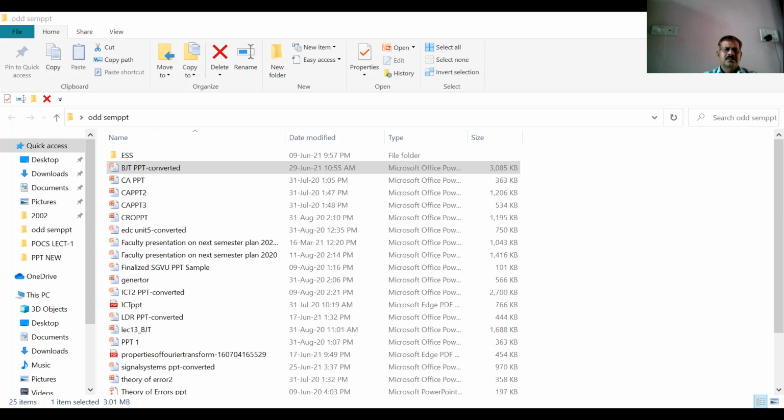Next one is the characteristics of common base configuration. First one is the input characteristics. Input characteristics of common base means the graph between IE versus VBE, or emitter current versus base to emitter voltage.